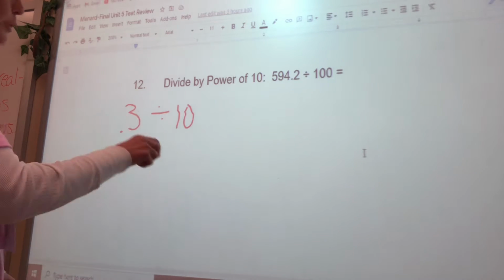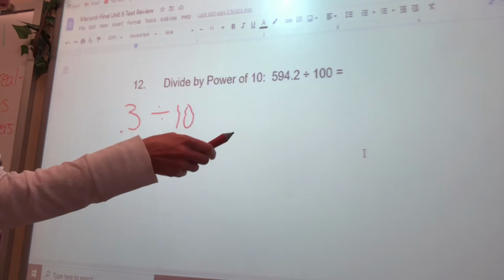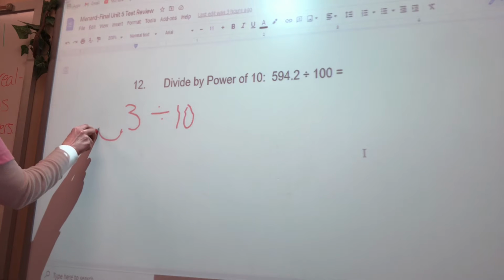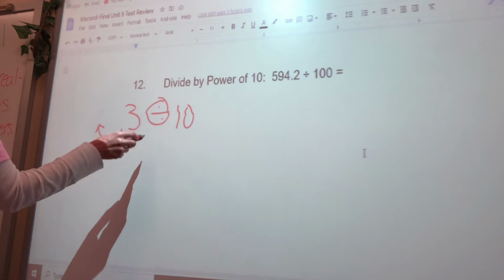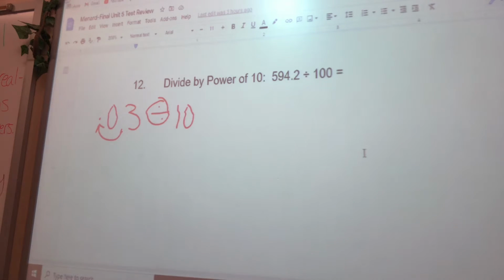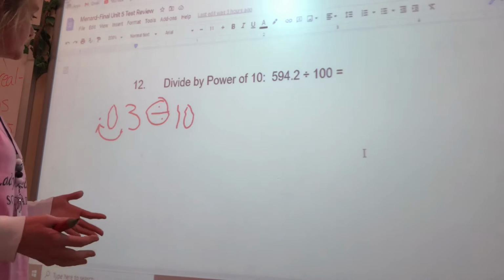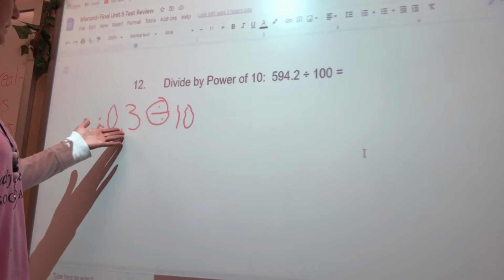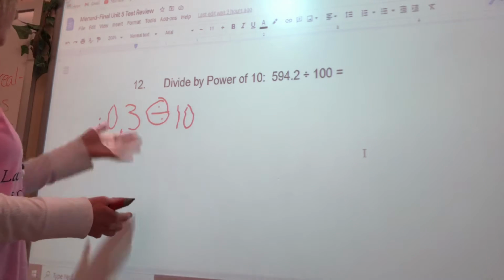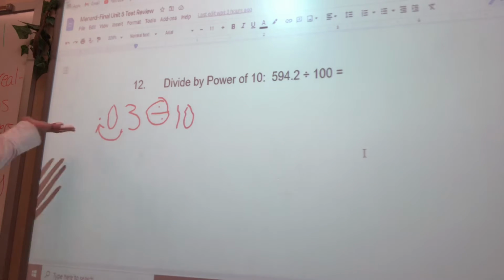So instead of moving the decimal to the right, we figured out that we could move the decimal to the left if we're dividing, for every multiple of 10, and it gives us a smaller number. And again, that makes sense. If I had 3/10, that's already small, and if I divided it up 10 more, then I would have even less.